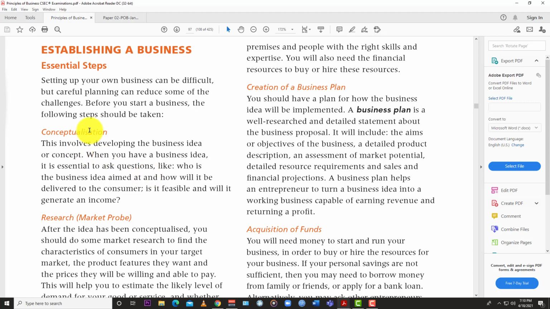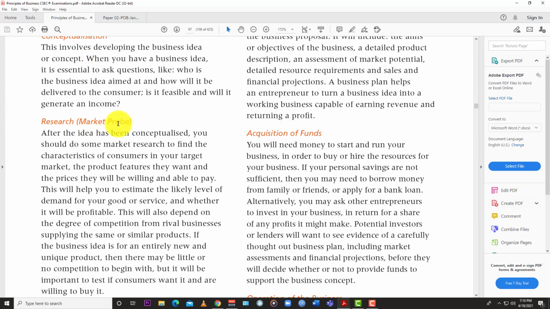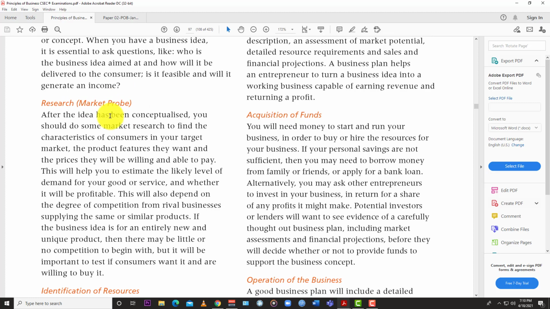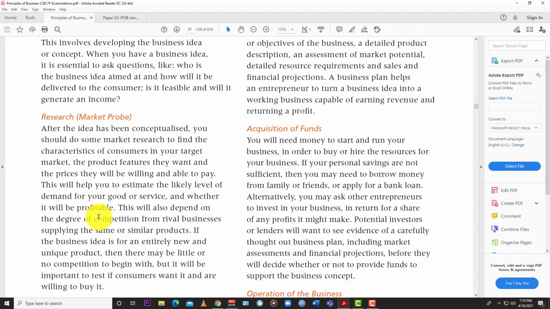So conceptualization. Then of course you have market research, or market probe. This is where you go out and conduct research, not full on research just yet, but enough to know if the business idea that you conceptualized is actually plausible, if it's feasible.